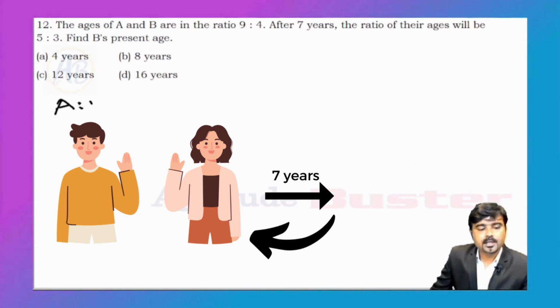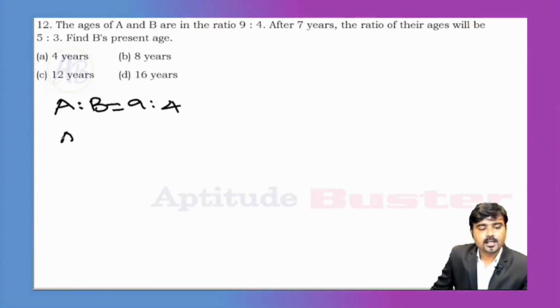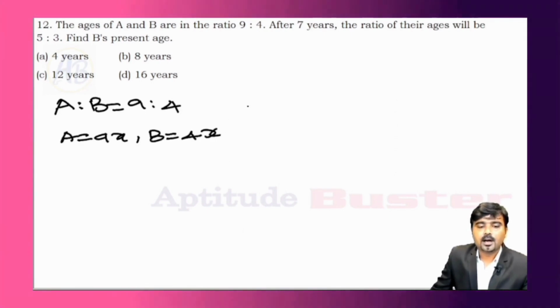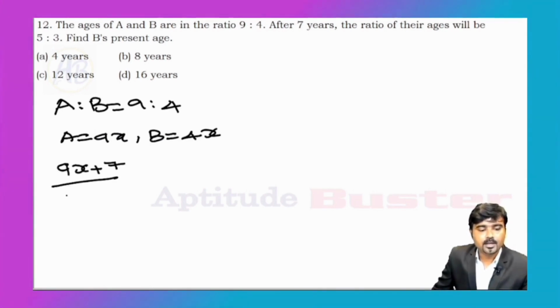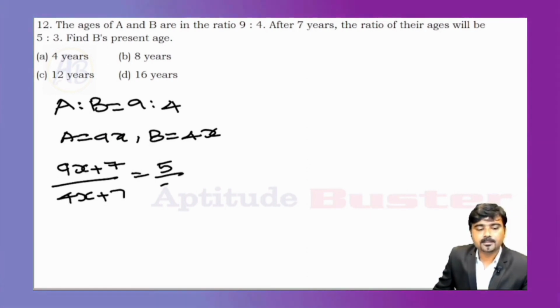A is to B is equal to 9 is to 4, right? So A equal to 9x and B equal to 4x. After 7 years the ratio will be 5 is to 3. That means 9x plus 7 divided by 4x plus 7, the ratio is given 5 by 3.